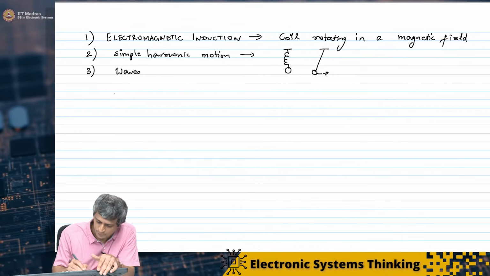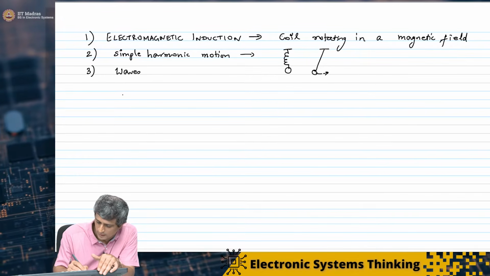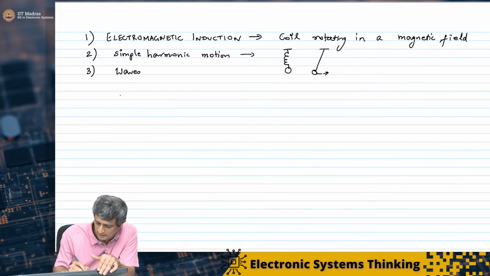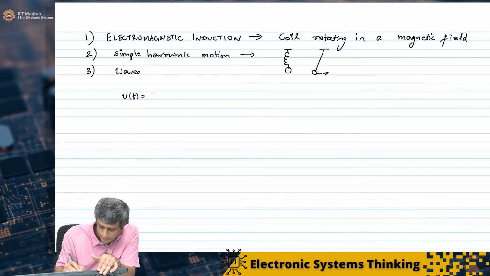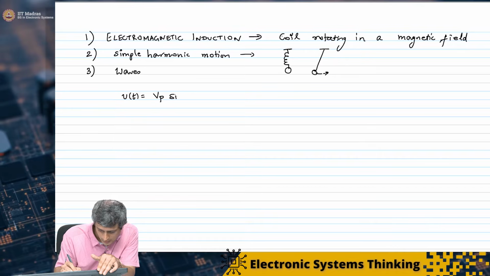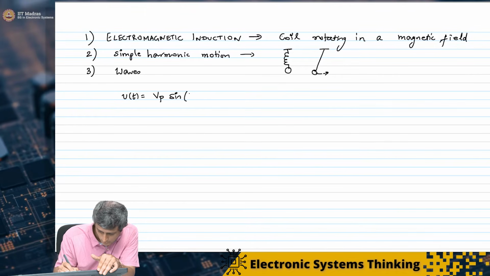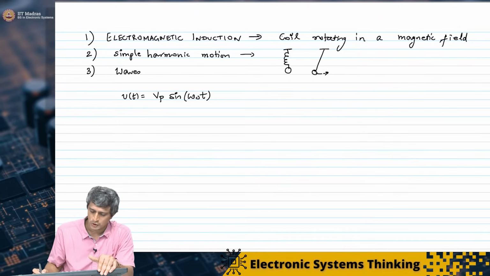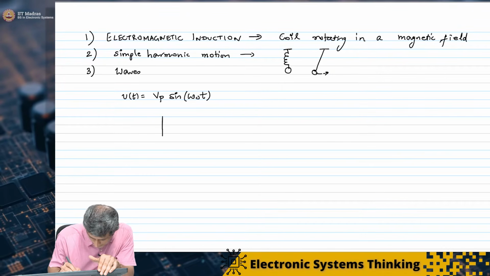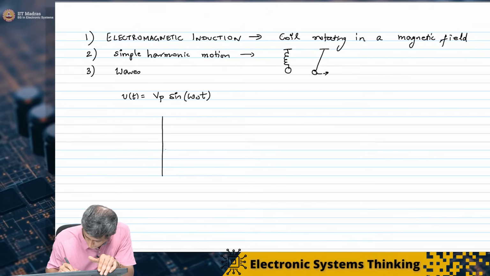So in any case, let's look at the simplest case where I have my V of t is simply Vp sine of omega naught t, right? So let's plot this first of all and understand how this is going to look.